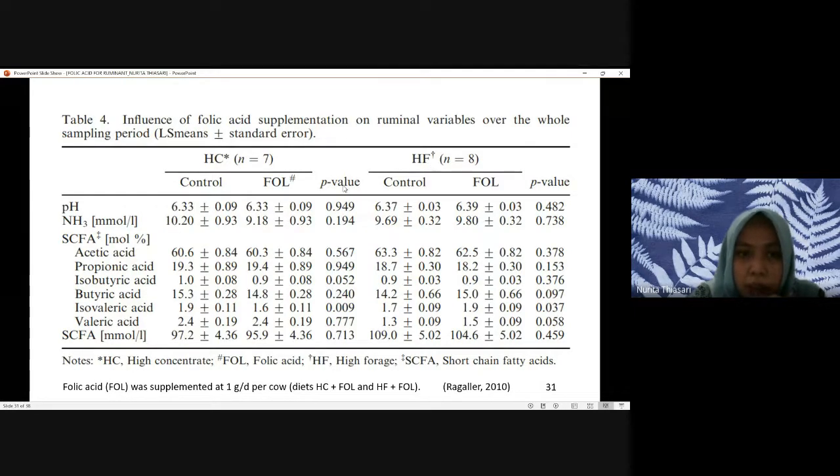We can see the isobutyric in the high concentrate is getting lower, and for the high forage diet, we can see there is an increase of butyric acid, isovaleric acid, and then valeric acid with the addition of folic acid.